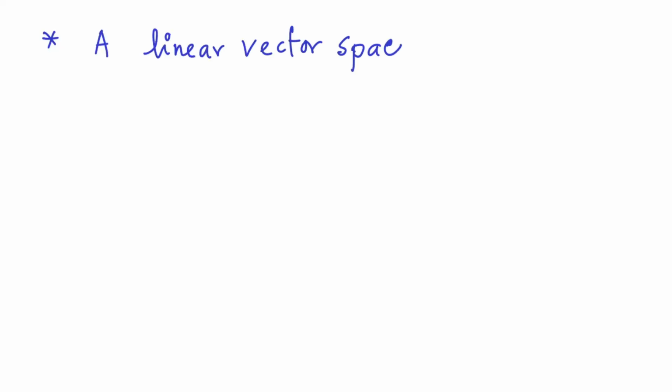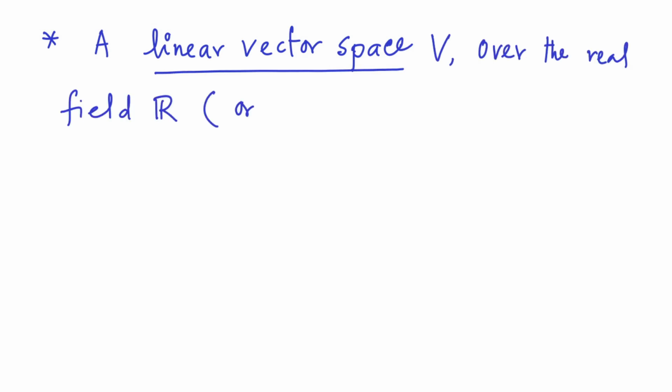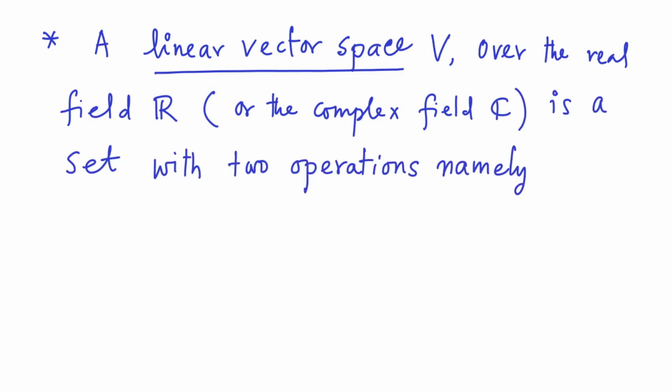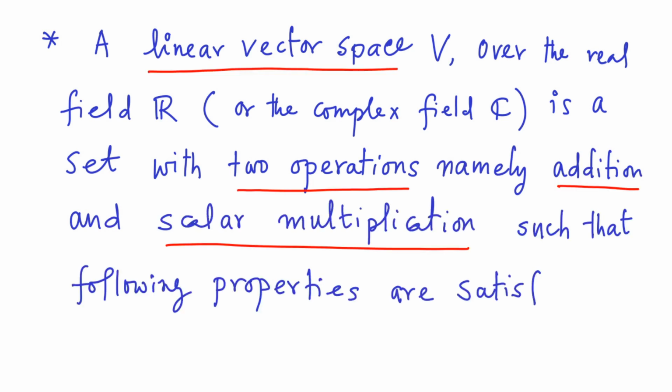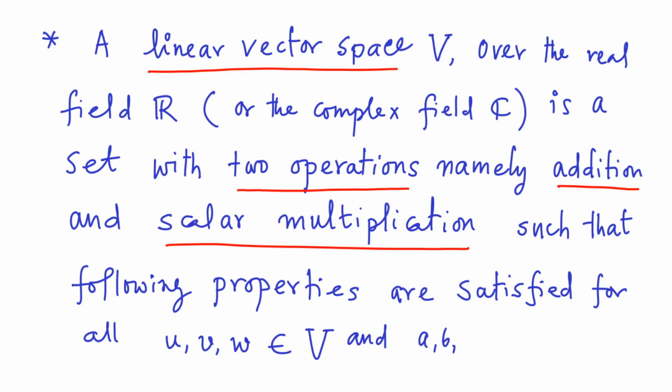A linear vector space V over the real field R or the complex field C is a set with two operations, namely addition and scalar multiplication, such that the following properties are satisfied for all u, v, w which belong to the vector space V and a, b, c which belong to the field R or the complex field C.